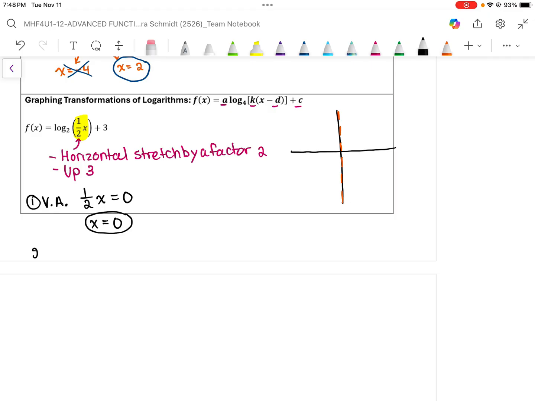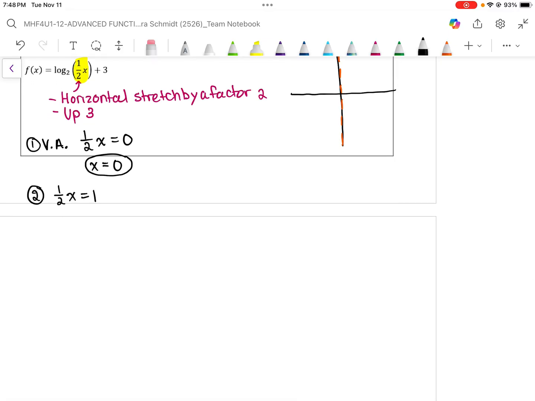Then I'm going to find 2 points, and I'm going to pick really clever points. So I'm going to actually set my argument equal to 1 every time, because then I just know I'm going to have a nice value to work with. So I'm going to set my argument equal to 1, and then I'm going to see what does x equal and what does y equal. So if I set it equal to 1, x would be equal to 2, because I just multiplied both sides by 2 to isolate x. And then I have to find y.